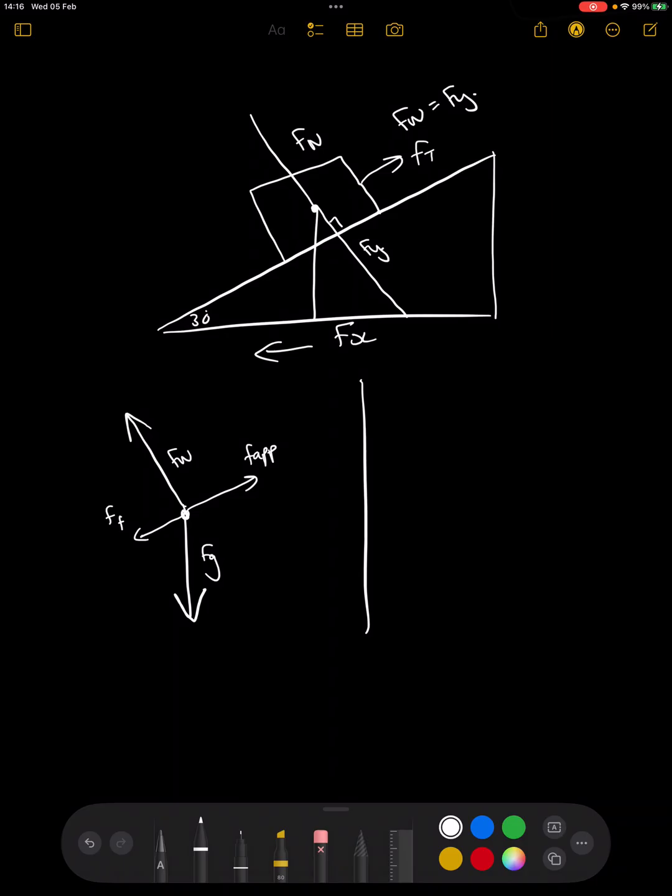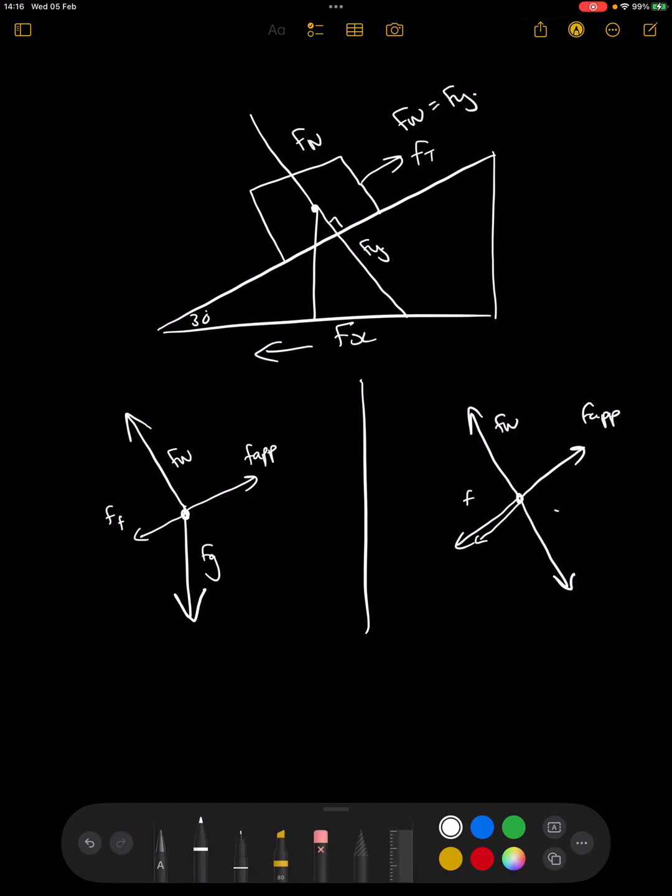If you don't want to draw the gravitational one, you're going to still make your dot. You're still going to have your normal force going up that way. You are still going to have your force applied over there. You are still going to have your frictional force this way, but you're going to have an additional force going over here. So you're going to have a force going there and a force going over there.